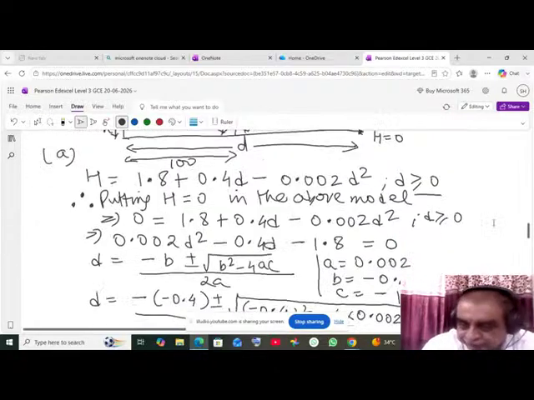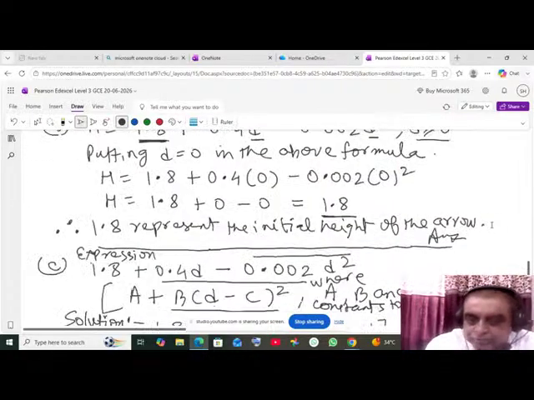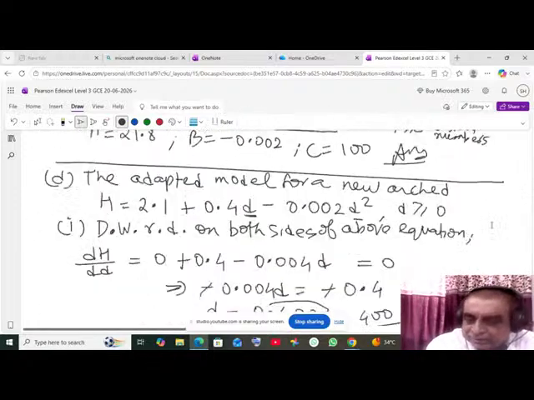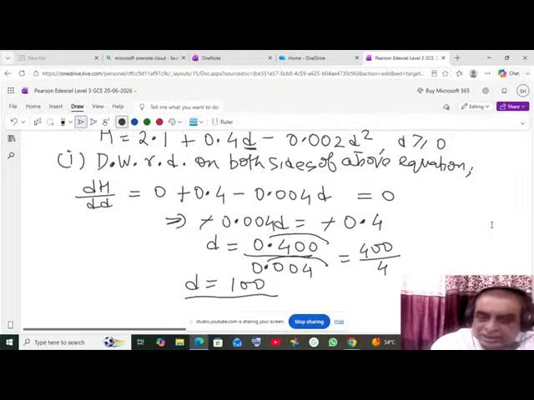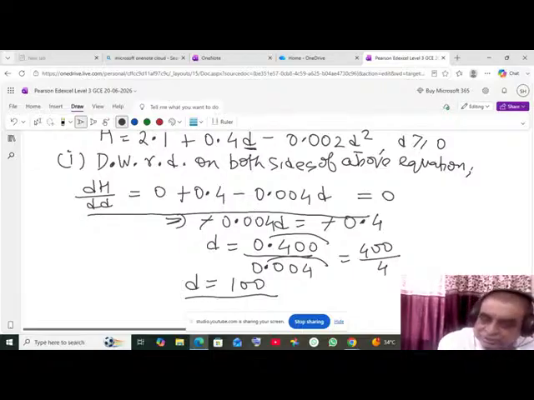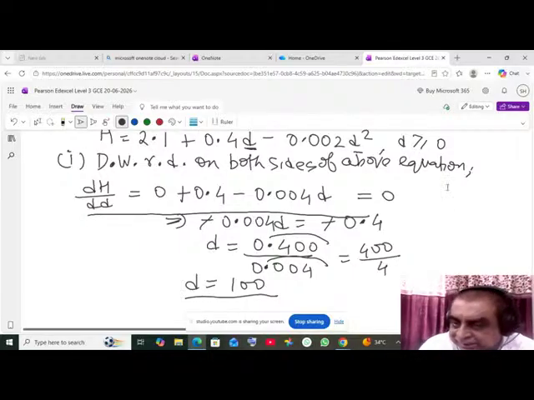We have to check it. What is the way of checking? We have to find the second differential coefficient of h with respect to D. So you differentiate the expression dh upon dD again, and you get the second differential coefficient.